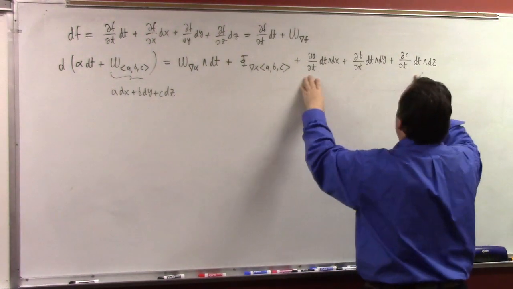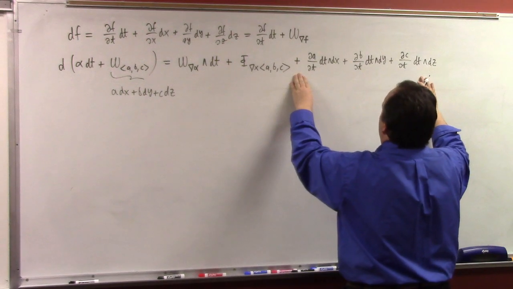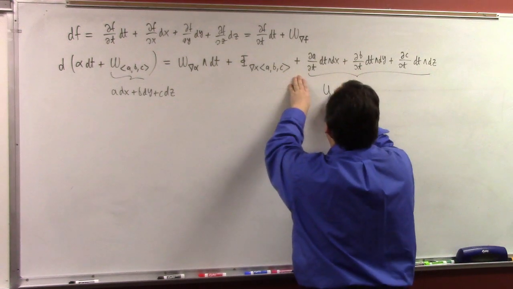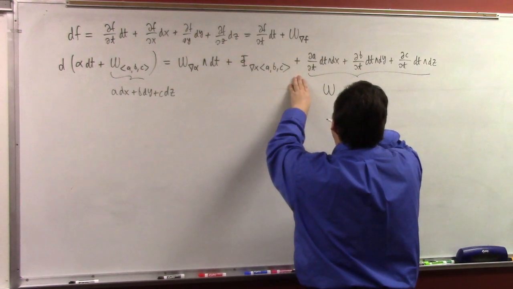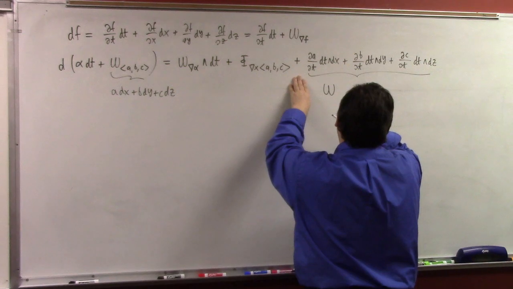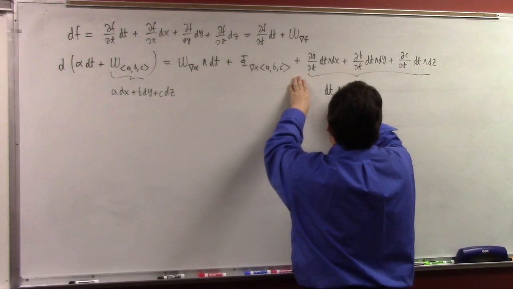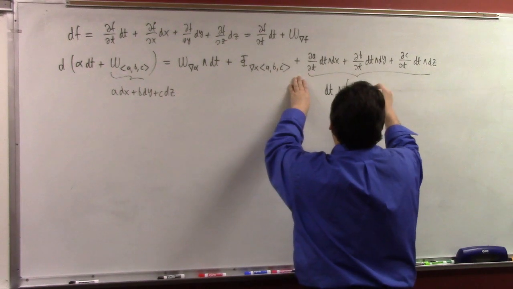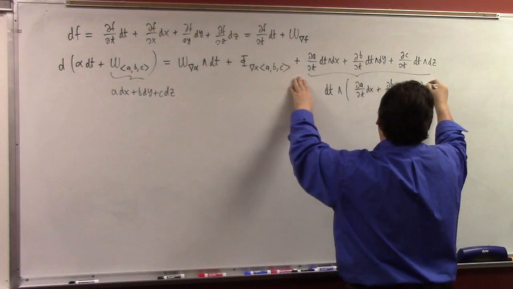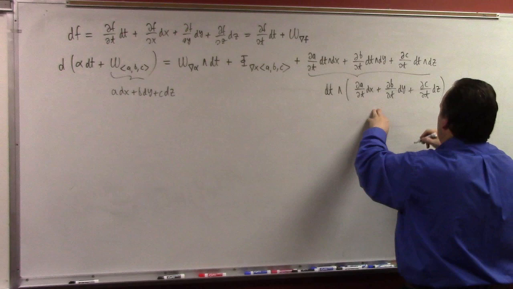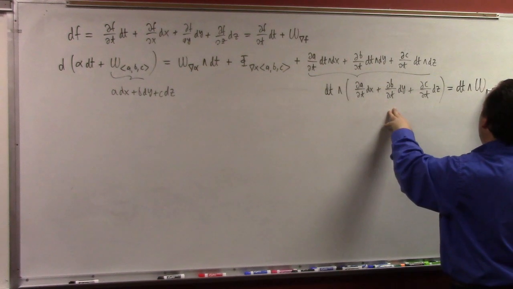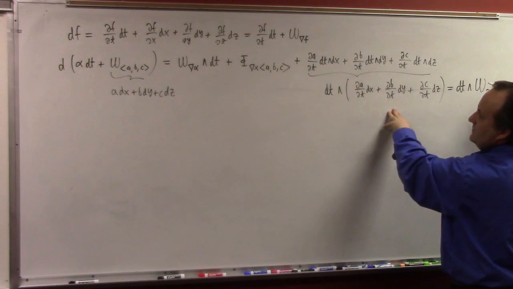What's this? Well, if you look at this for a second, you're looking at dt wedged with partial A partial t dx, plus partial B partial t dy, plus partial C partial t dz. That's exactly dt wedged with the work form of partial, I guess I need to come up with a name for this.